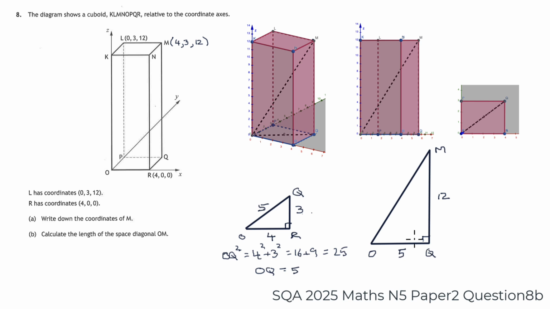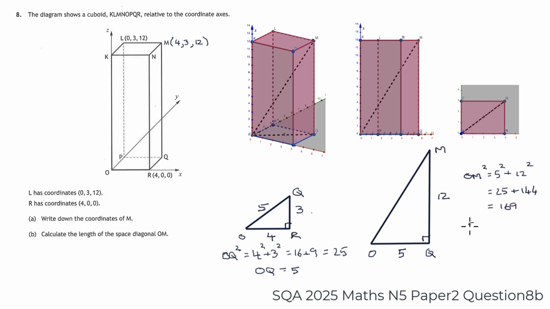And again, if you're familiar with right-angled triangles, you'll recognise this is a 5, 12, 13 triangle. But again, let's show the working to this. So OM squared will be 5 squared plus 12 squared. So that's 25 plus 144. Calculators if you need them, which is 169.